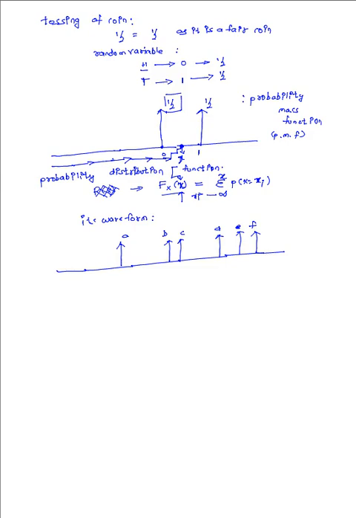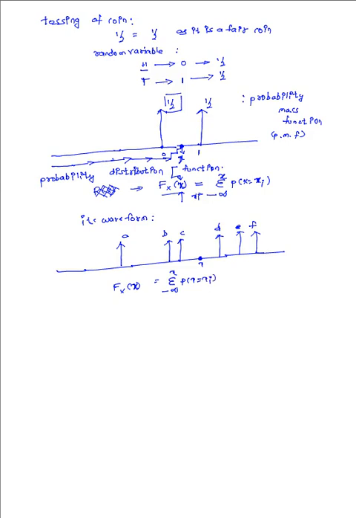So now if I am trying to draw the probability distribution function, if I have taken the point x as here, in terms of probability distribution function it is given by Fx of x, and mathematically it is given by the sum from minus infinity to x of p of x equal to xi.